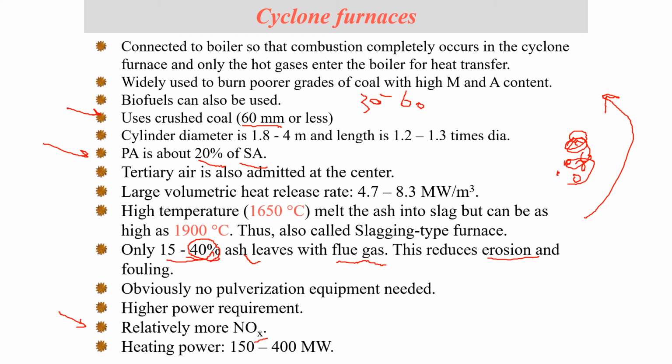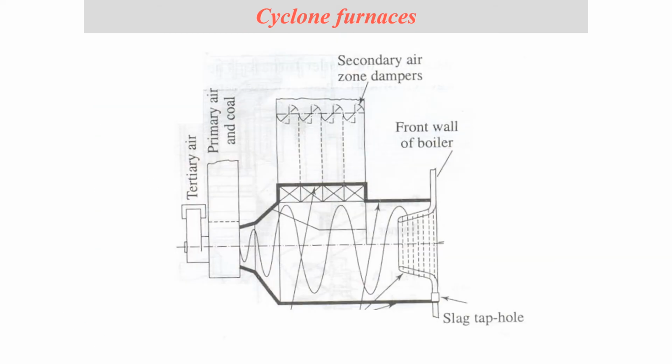But if you remember the Askri cement visit, the furnaces they had were actually cyclone furnaces. So it is used a lot in industry, especially because it is also usable with poorer grades of coal. This vaporizes moisture as it is burning in the furnace.